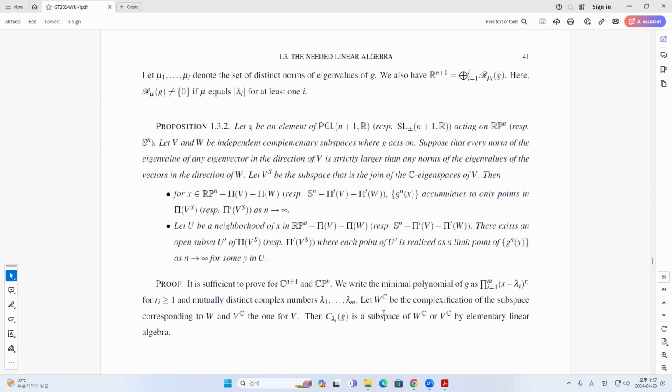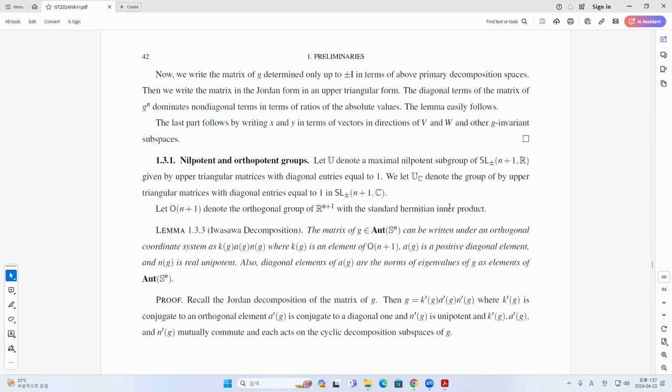And the next thing I talk about is nilpotent and unipotent groups. So first of all, you can talk about the Iwasawa decomposition. If you write any matrix, you can write it as K_G times A_G times N_G in an orthogonal system.